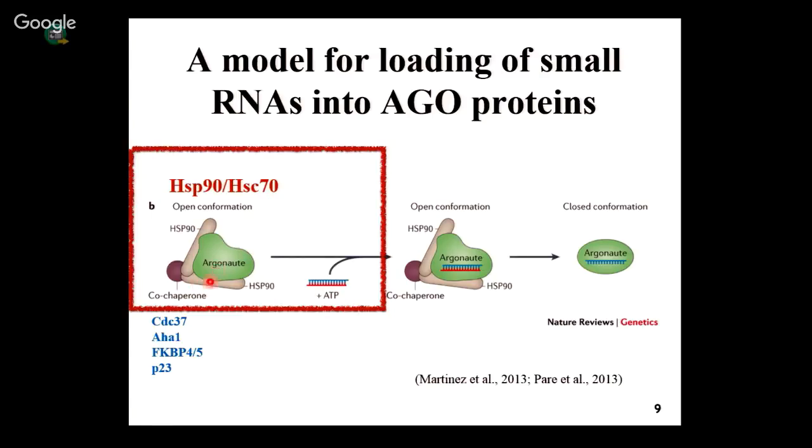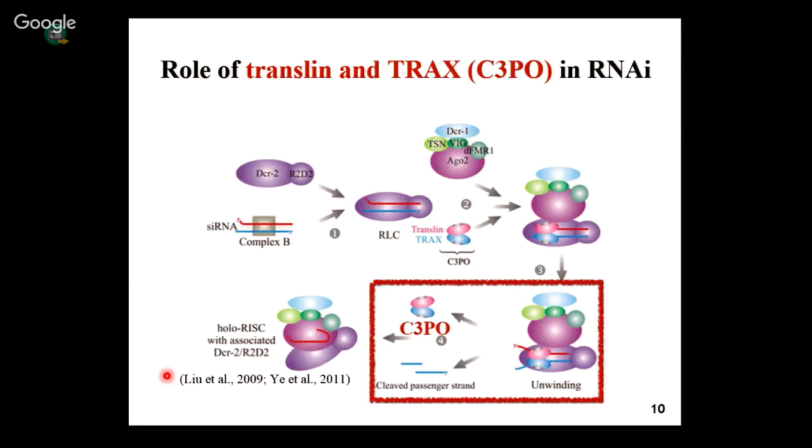There are also co-chaperones like CDC37, HA1, FKBP4 and 5, and P23. Another one is the C3PO complex, which consists of translin and TRAX.